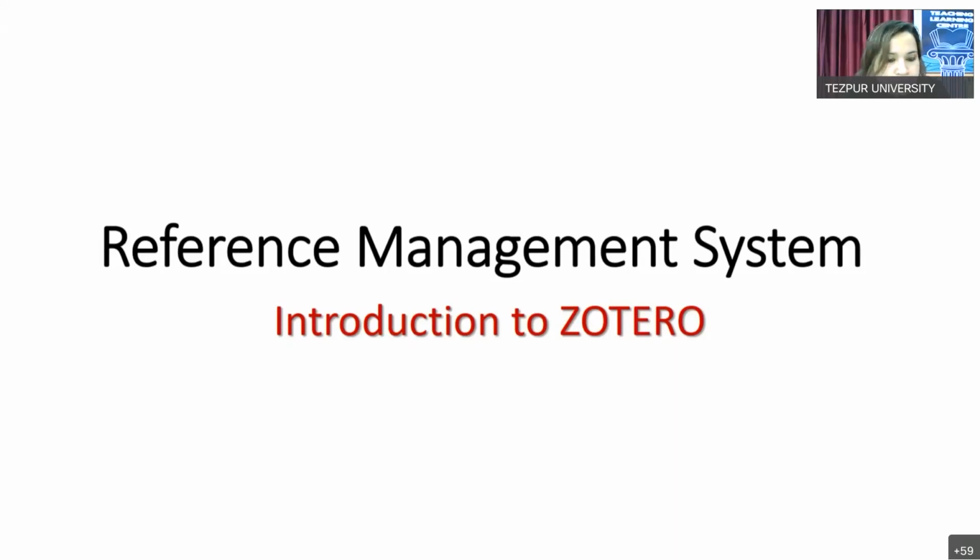The task of referencing is actually tedious and complex if we do it manually, because we need to know each and every detail of the information like author's name, the title, the date of publication, DOI, etc. These tedious and complex things can become easy if we use the reference management system in online versions.